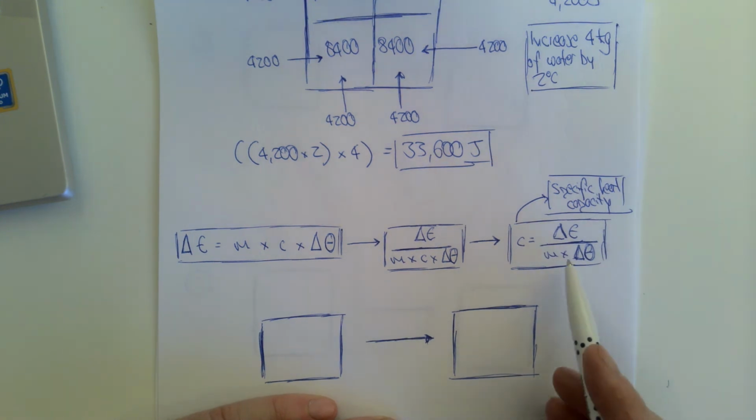It becomes the amount of energy transferred divided by the mass times the temperature change.